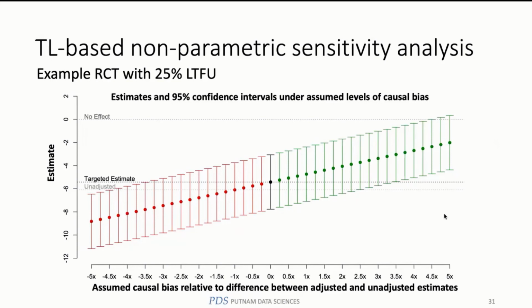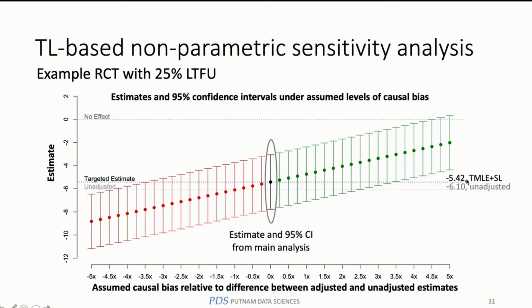So the unadjusted estimate in the complete cases is shown here in this very light gray line. And after we did the analysis using TMLE, we got this as a point estimate. And this is the 95% confidence interval from our longitudinal analysis. Okay, so our point estimate was negative 5.42.